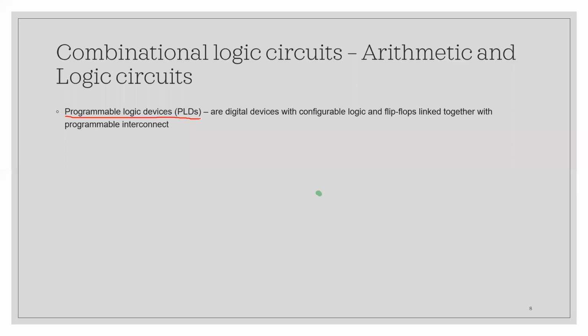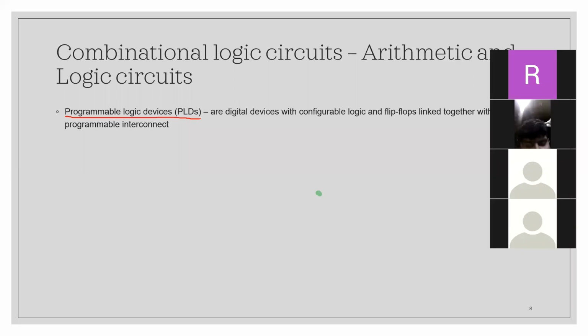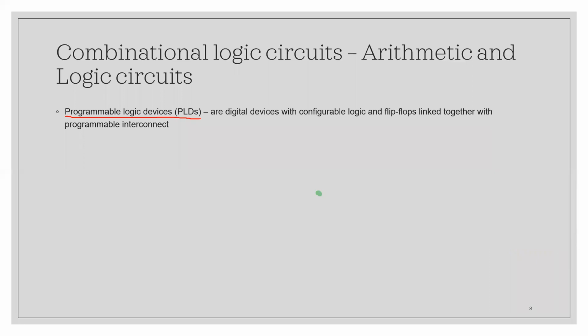For example, you might have come across terms like PAL, programmable array logic, and programmable logic array. Here, a few of the configurations you will be able to change, program. That is an advantage you will have.